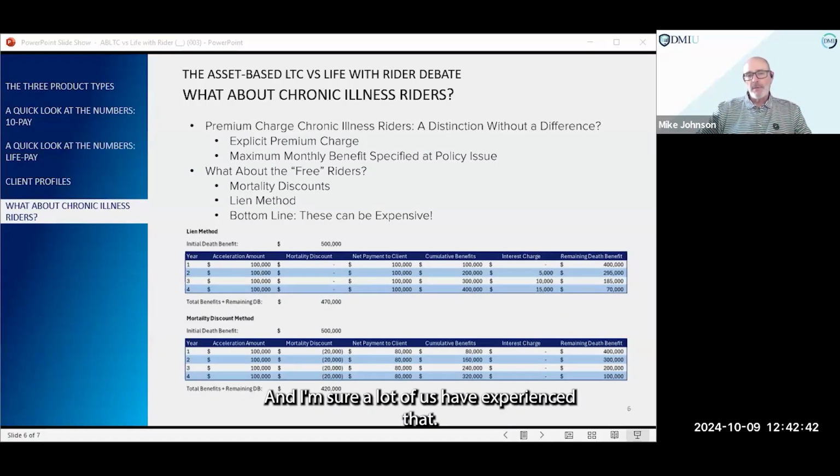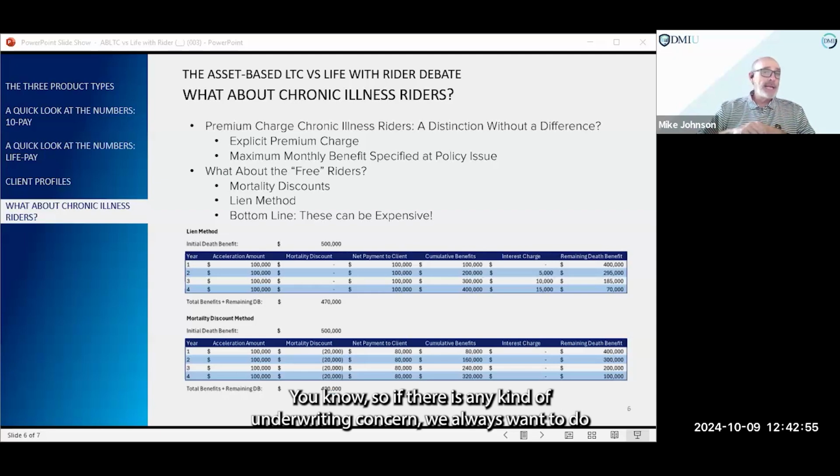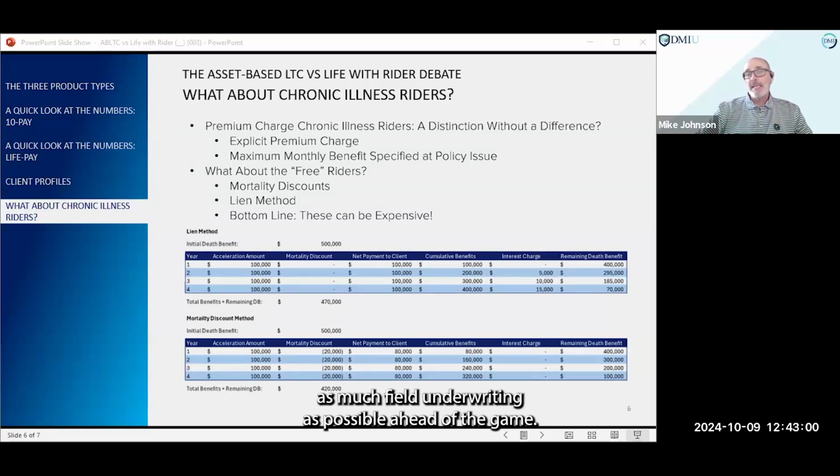And I'm sure a lot of us have experienced that on the life insurance side. The same is for the most part true with ABLTC carriers. That's one of the big advantages of how you can lean on the team at DMI. So if there is any kind of underwriting concern, we always want to do as much field underwriting as possible ahead of the game.